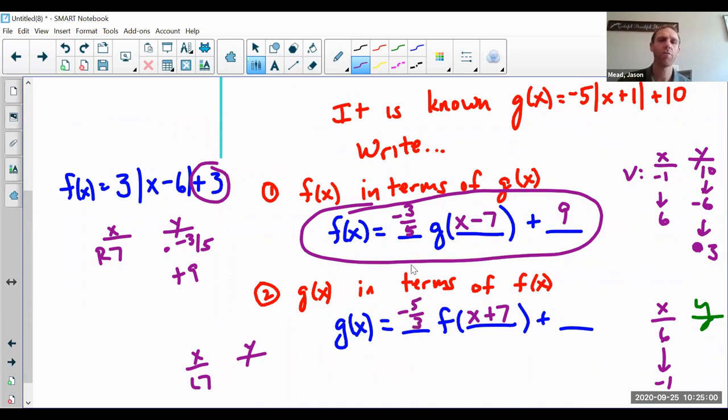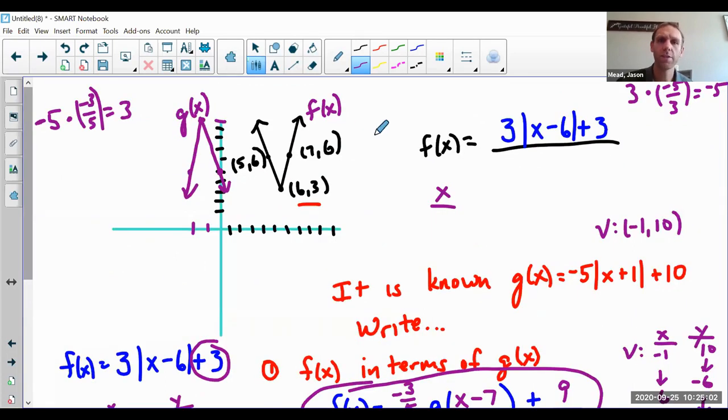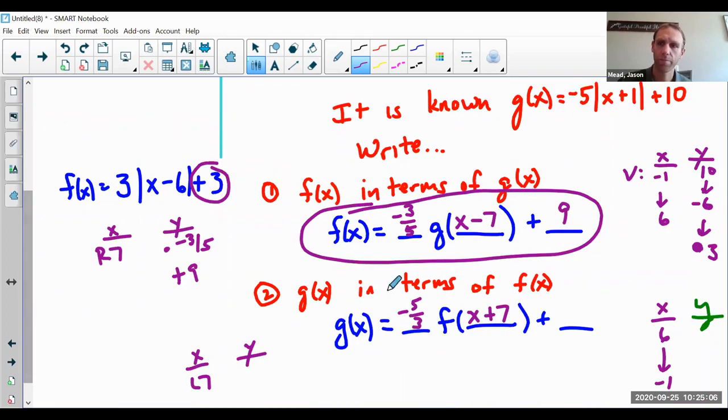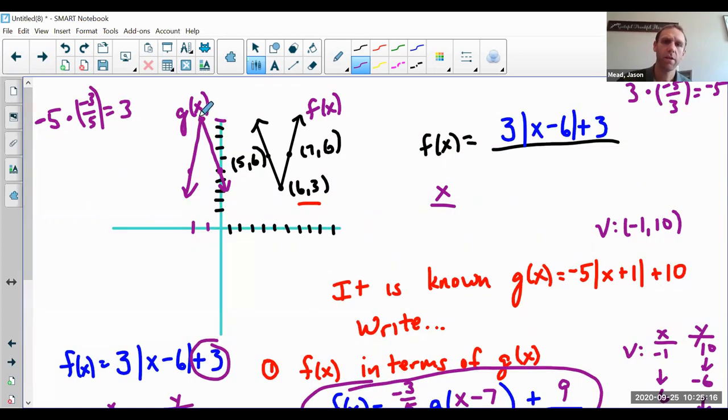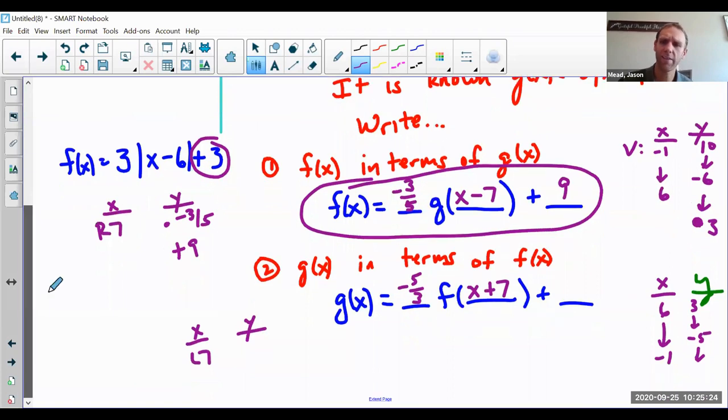So let's take a look at the vertex. What was the vertex in f? The y value of the vertex in f was 3. When I multiply by negative 5/3, it becomes negative 5. And then what do I have to have it end at? It has to end at 10. So how do I get it to end at 10?